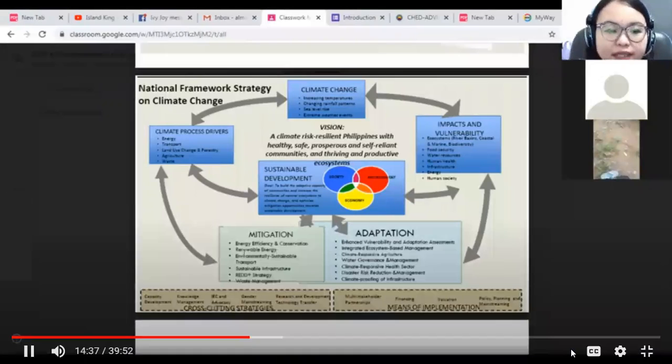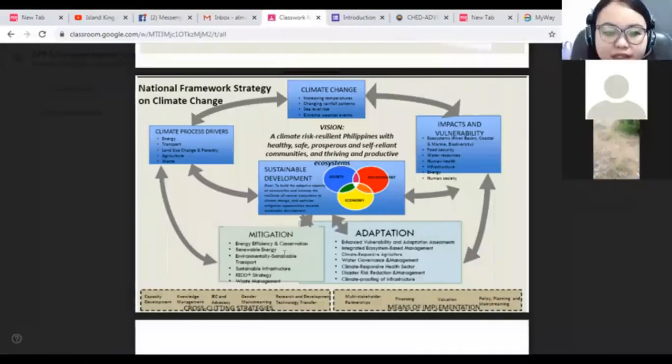Like energy efficiency and conservation, renewable energy, environmentally sustainable transport, sustainable infrastructure, and waste management.